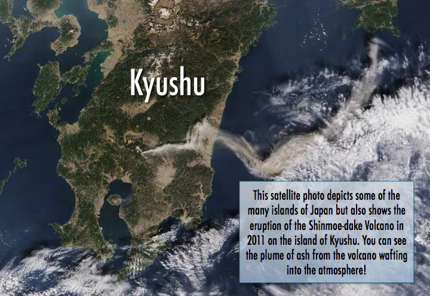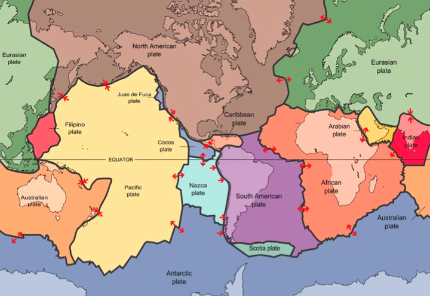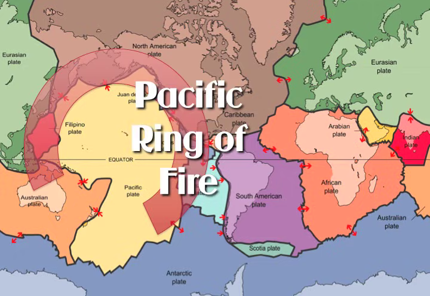But there's another way that the Japanese people have to contend with the physical features on Japan. Let's go back to that satellite image we looked at earlier. On the satellite image, you can actually see a plume of ash rising from an active volcano. 10% of the world's active volcanoes are located in Japan. That's because Japan is on what's known as the Pacific Ring of Fire, which is a fault line located around the tectonic plate that forms much of the Pacific Ocean.